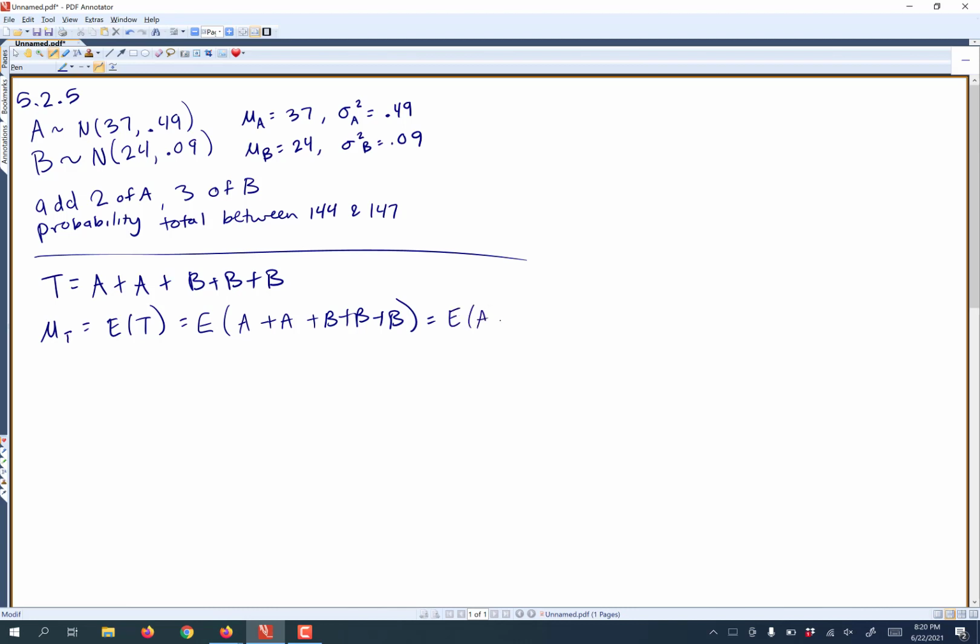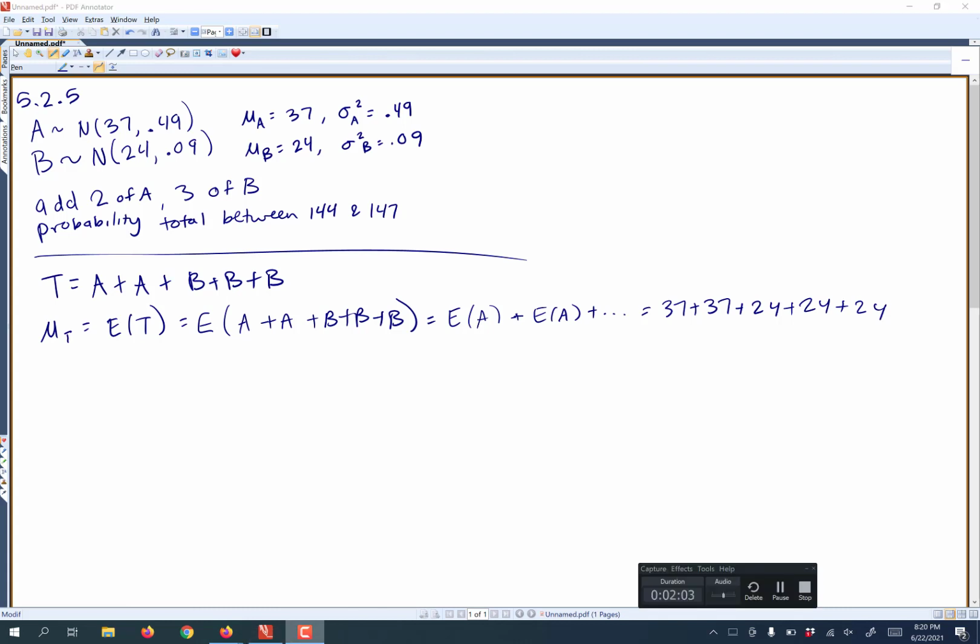So expected value of A plus expected value of A plus and so on. So let's see what that means. We're going to have to add 37 plus 37 plus 24 plus 24 plus 24, or 146.